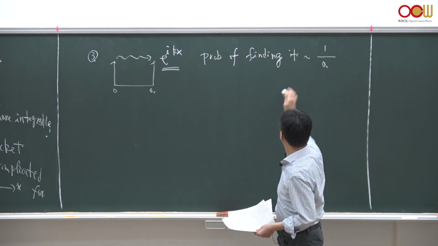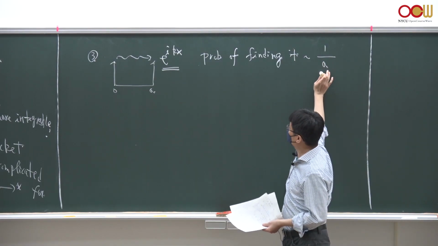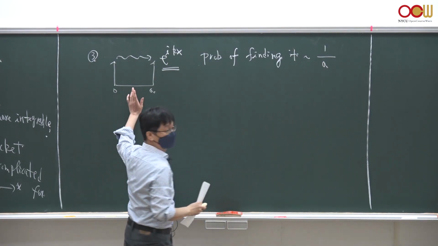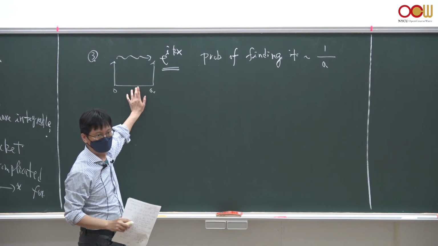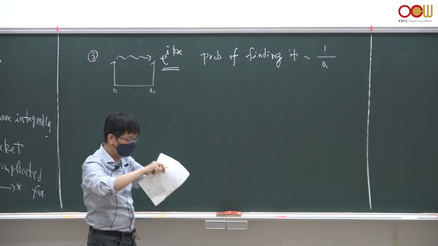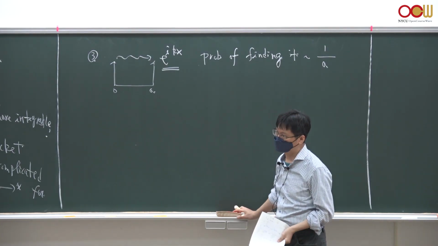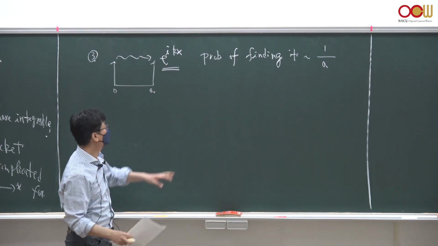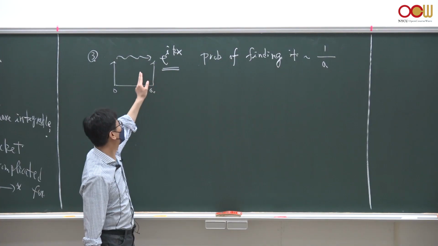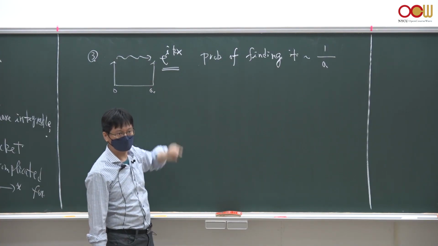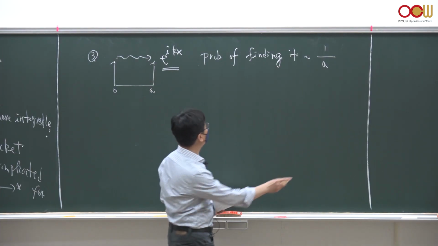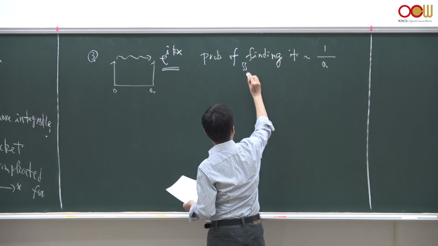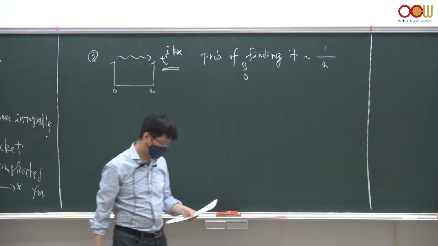And when a goes to infinity, the probability of finding this particle is almost 0, because you get the whole universe that the particle can travel to. So if you ask what is the probability of finding a plane wave like free particle, the answer is that it is almost 0.